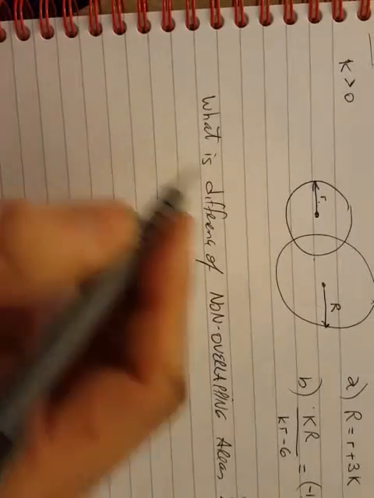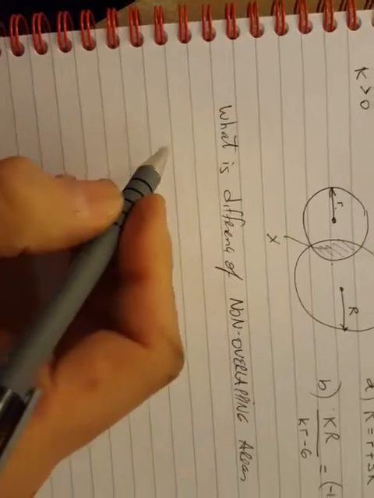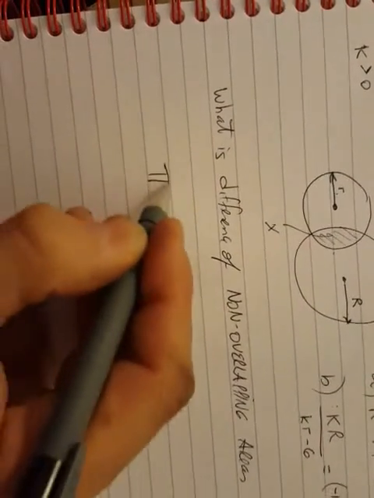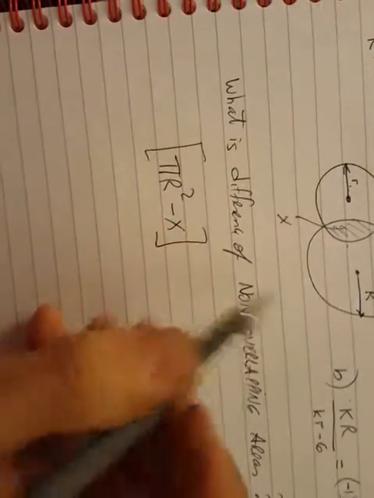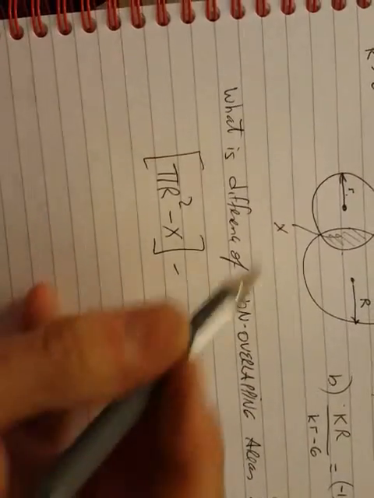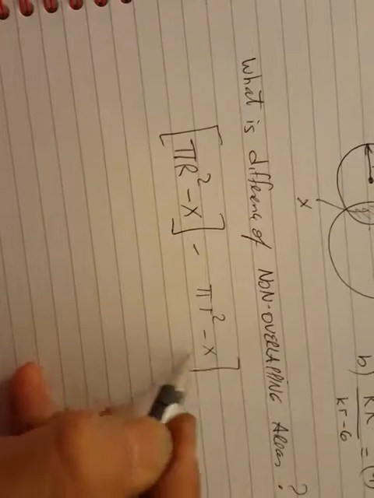If we call the overlapping area x, we know that what they are asking us is pi multiplied by big R squared minus x. This is my first area. Basically, that will be all this part minus all the other part, which is pi multiplied by small r squared minus x.